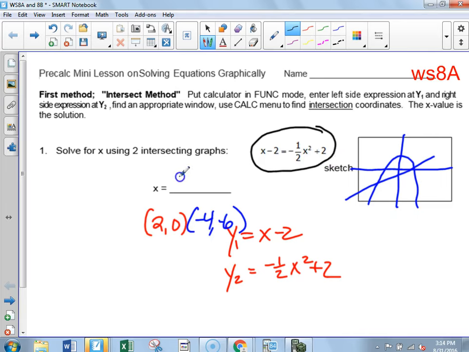No. The answers are 2 and -4. Where does that 0 come from? If I put a 2 on the left side, guess what I get? 0. If I put a 2 in on the right side, I get 0. Okay? If I put -4 in on the left, I get -6. But the only values that I can put in that will make these equal are 2 and -4. So just be careful you don't write down ordered pairs when it asks you to do that.